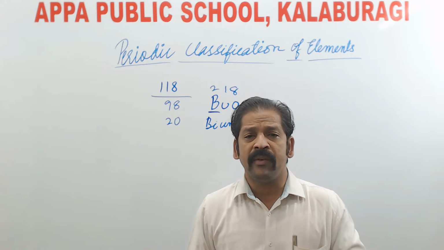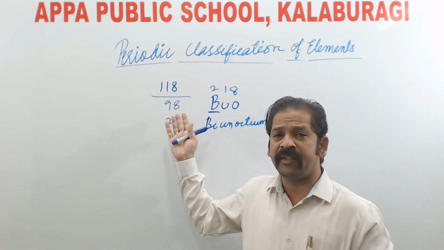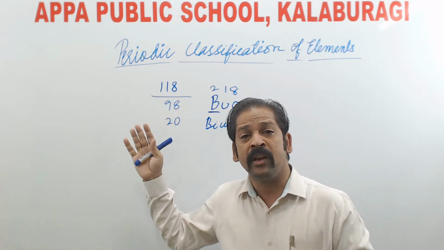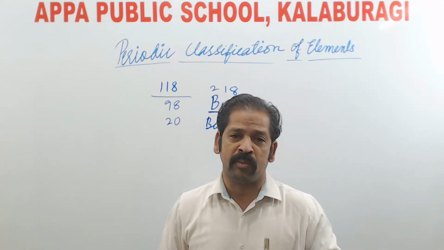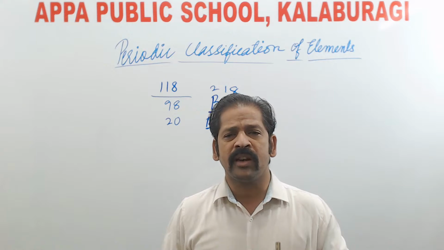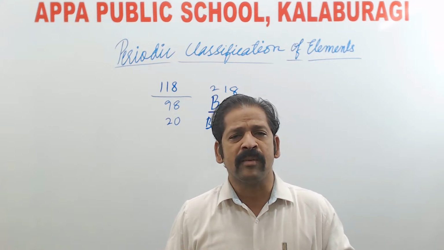We have hardly 98 naturally available elements, and millions of compounds, especially organic compounds.